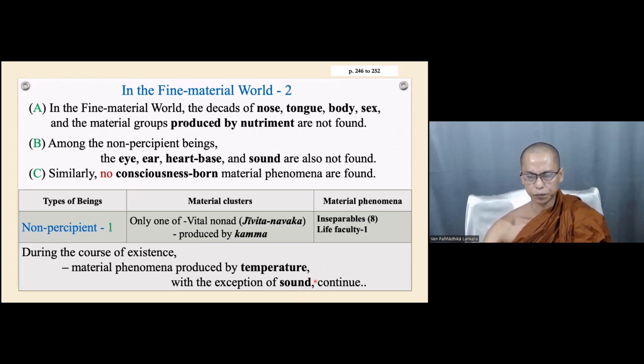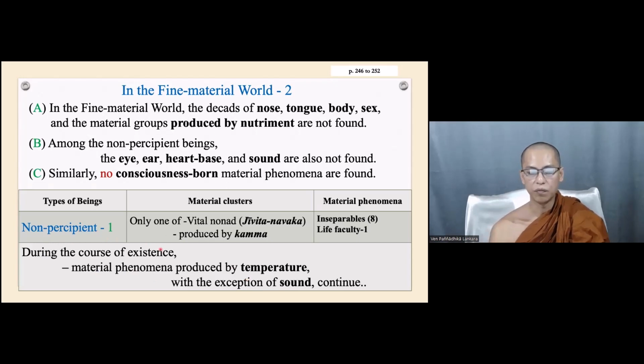And another, the mutable phenomena, and also those produced by the four origination. Among them, only temperature-born materiality arises in the non-percipient beings.